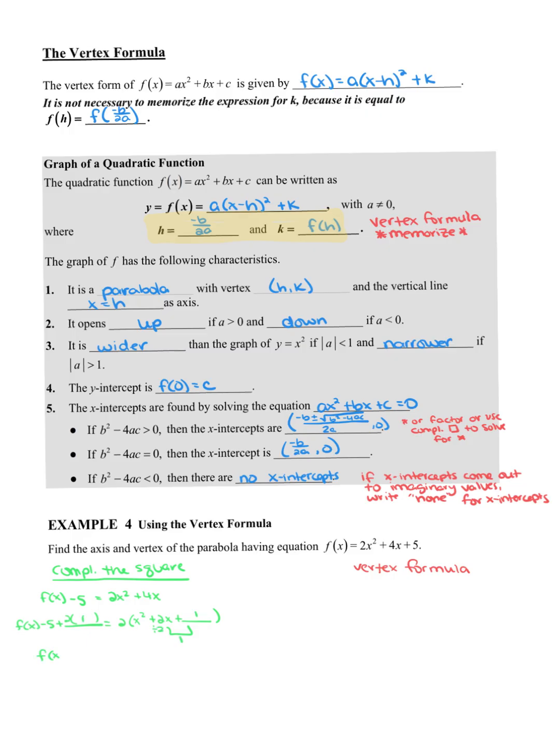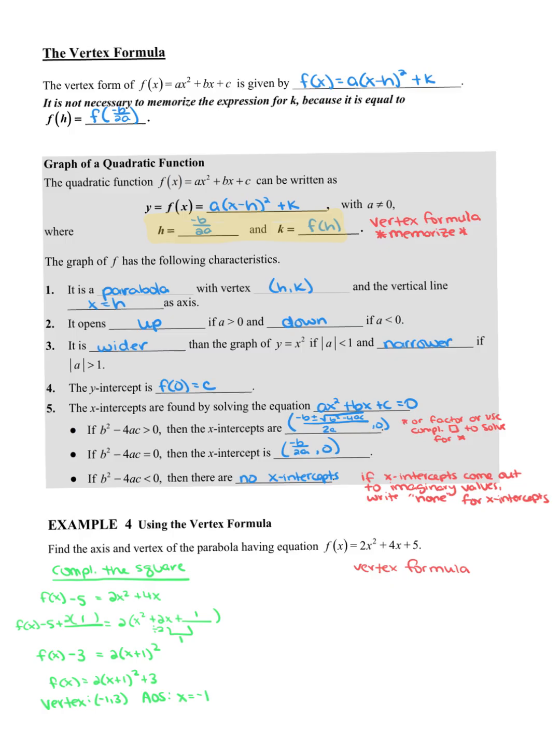So f of x minus 5 plus 2 is minus 3, equals 2 times x plus 1 squared. So f of x equals 2 times x plus 1 squared plus 3. They want us to find the axis and the vertex. So the vertex would be negative 1, 3, and the axis of symmetry would be x equals negative 1.